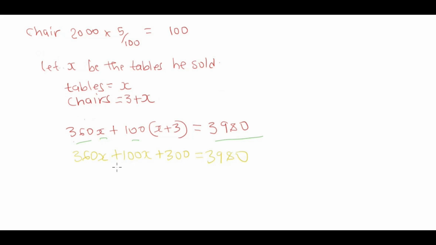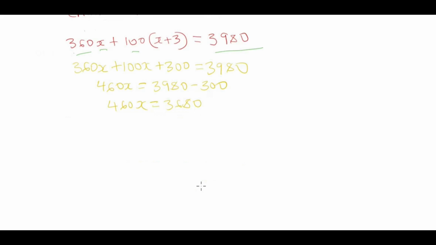So 360x plus 100x is equals to 460x is equals to 3,980 minus 300. 460x is equals to 3,680, because when you take out 300, you will be left with 3,680. So divide by 460, divide by 460.